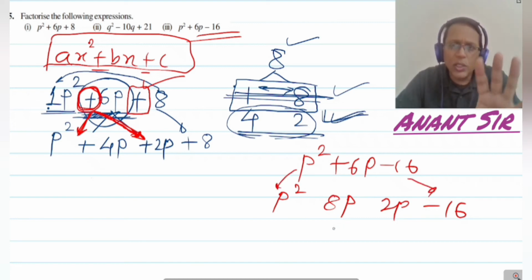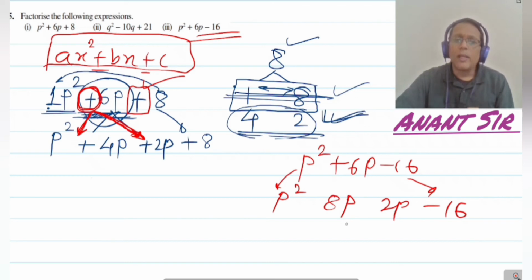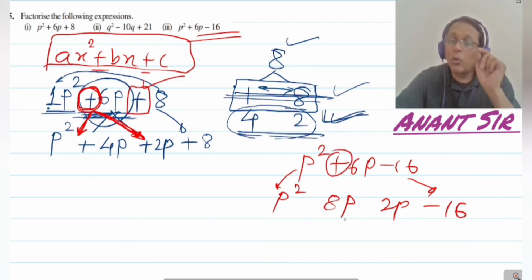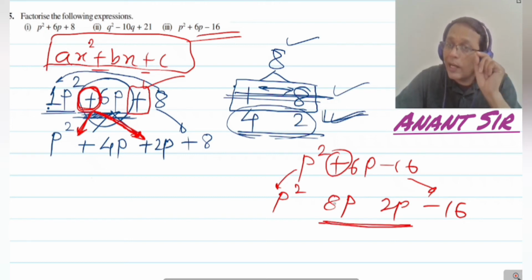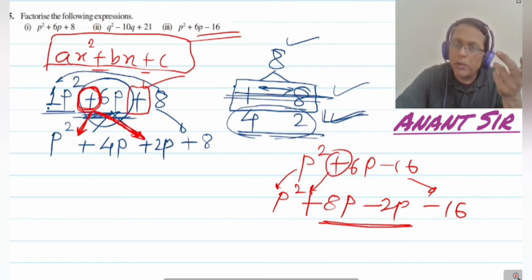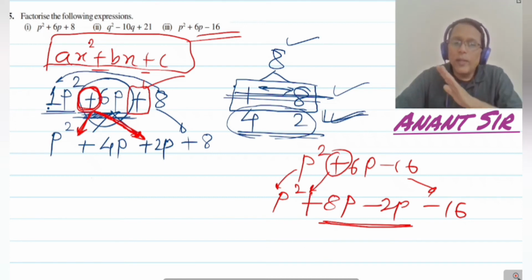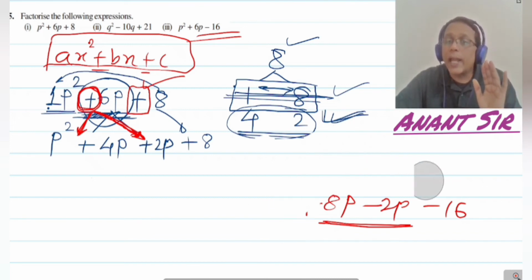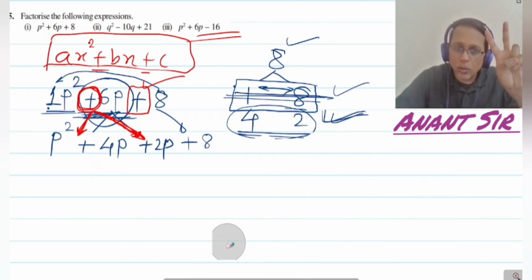We are going to do this in detail, okay? Don't worry. If the last term is negative, give the sign of the middle term to the bigger number only. So give this sign to the bigger number only. So 2p will become negative. So you will never get wrong with the signs if you follow these two rules, okay?